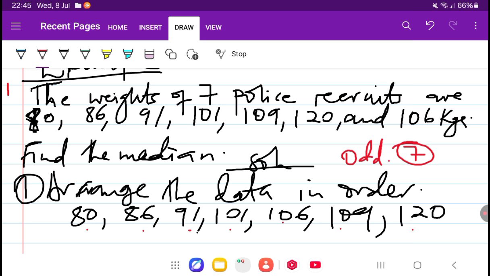So of course we used to do median, whereby you cancel this, then you cancel this, you cancel this, you cancel this, you cancel this, you cancel this, and what is left in the middle becomes our median. So our median is 101. That is our median value.